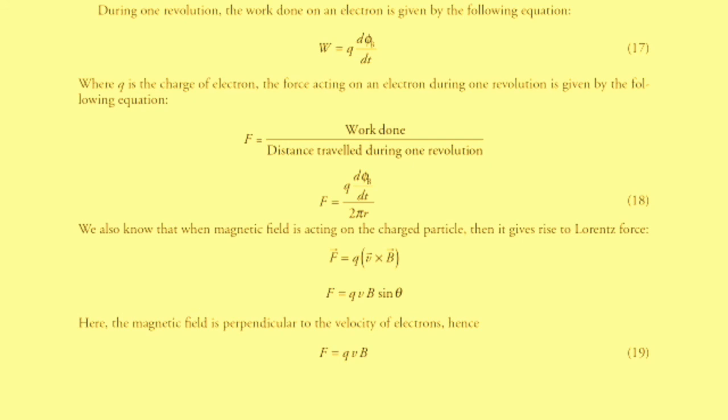Here the magnetic field is perpendicular to the velocity of the electron, so theta will be 90 degrees, and putting theta 90 in sin theta, we get sin 90, which is 1, and the equation F is equal to QVB will be formed.